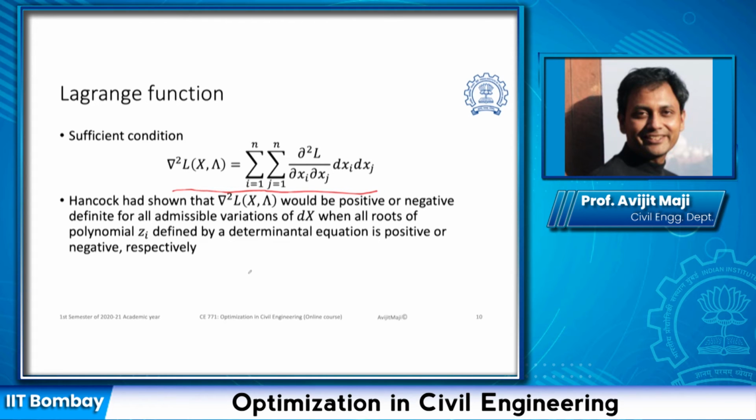Hancock showed that this equation would be positive or negative definite for all admissible variations of the design variable, or the decision variable, when all the roots of a polynomial z defined by a determinantal equation are positive or negative respectively. So now we'll look into how we can introduce z in this equation and what the sufficiency condition, the second order derivative of the Lagrangian equation, is going to look like.